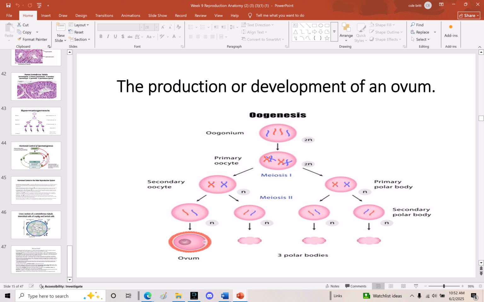Over here, two of them just die out. Then right here, one of them becomes a viable ovum, one of them becomes a polar body. So each oogonia yields 3 polar bodies and 1 functional ovum. Sometimes this doesn't happen.